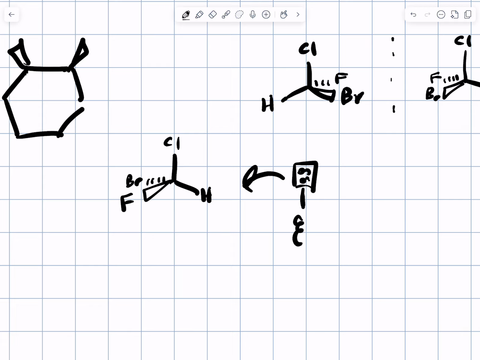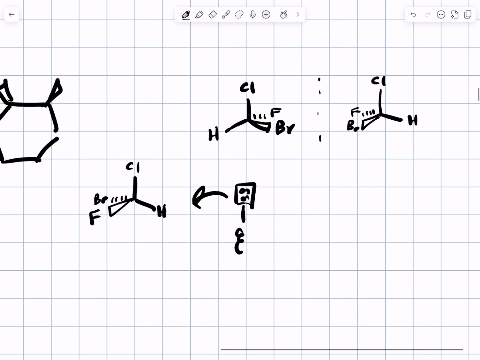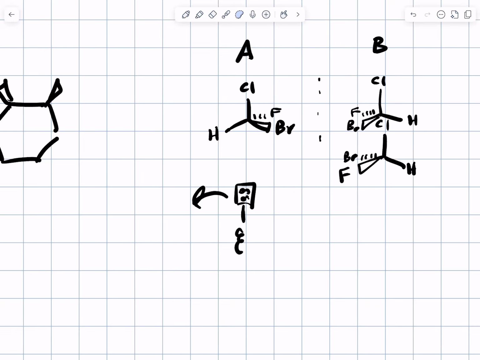So pancake flipping is literally taking one molecule and just looking at it from another side. And you can see that the pancake flip of the molecule on the left side is not the same as the mirror image. Do you see how the Cl's and the H's line up, but the F's and the Br's don't?